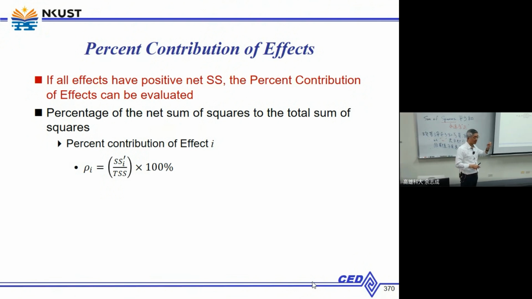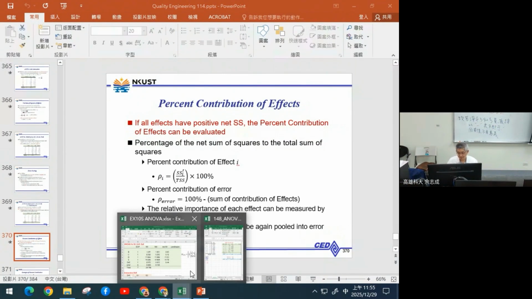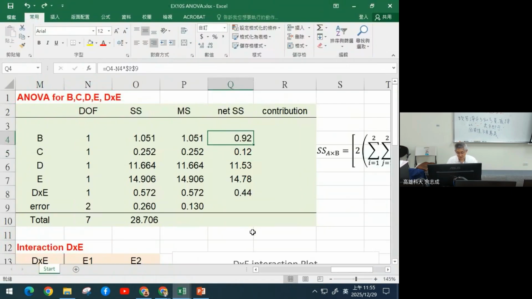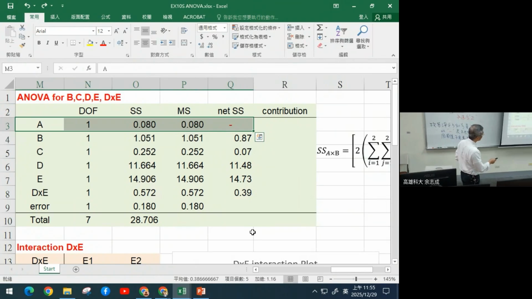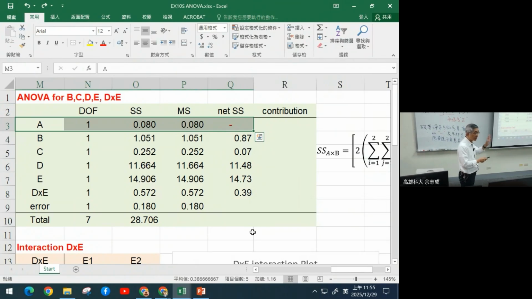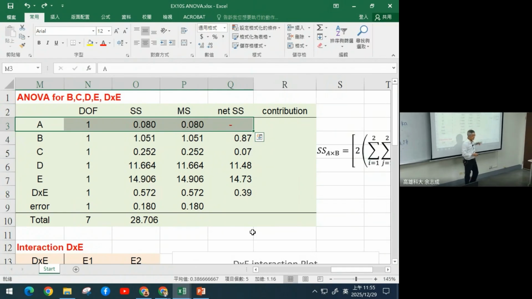If, like in the previous case, there is a negative sum square, you cannot calculate the contribution right now because it is incorrect. 因为这个负值被分到别的地方去了，意思是这些 sum square 是被过度估计的。So don't calculate the contribution when there's a minus.